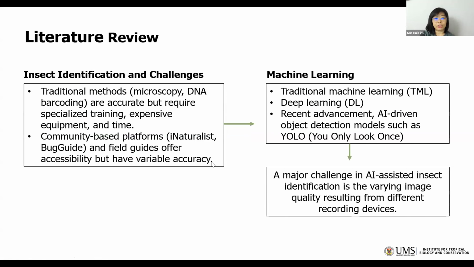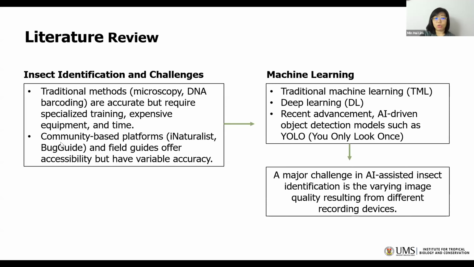In our literature review, we have stated that in insect identification and challenges, traditional methods like microscopy and DNA barcoding are accurate but require specialized training, expensive equipment, and time.